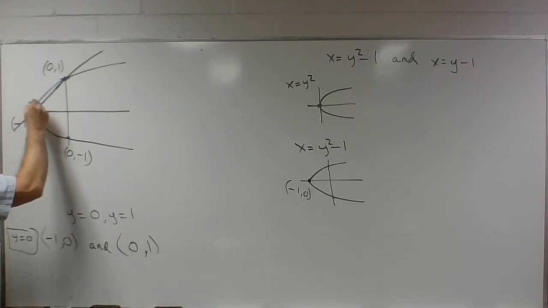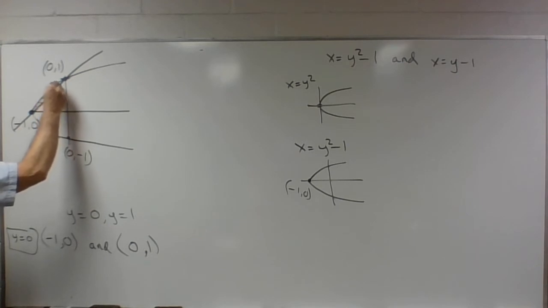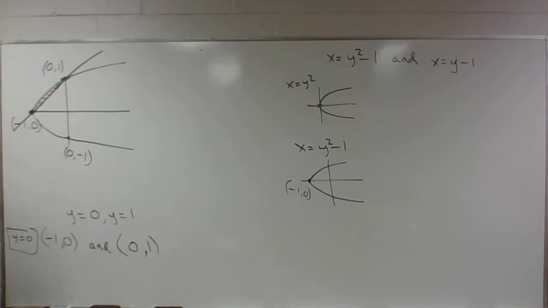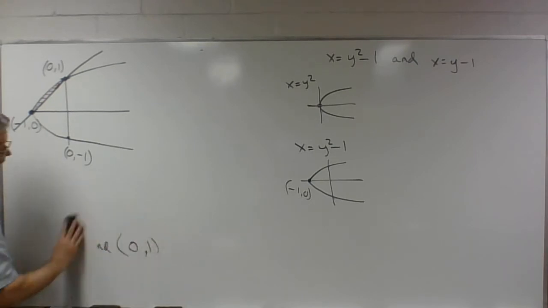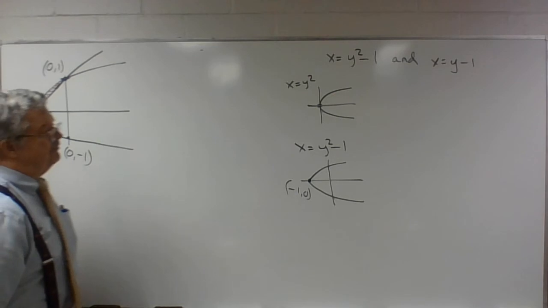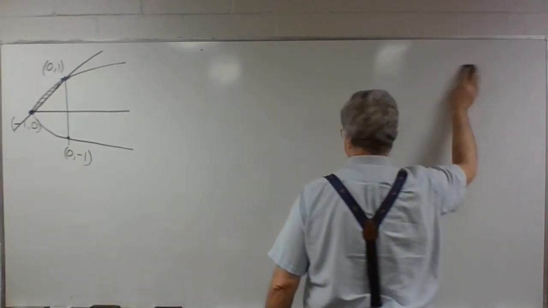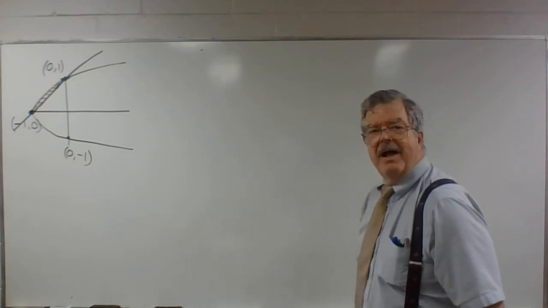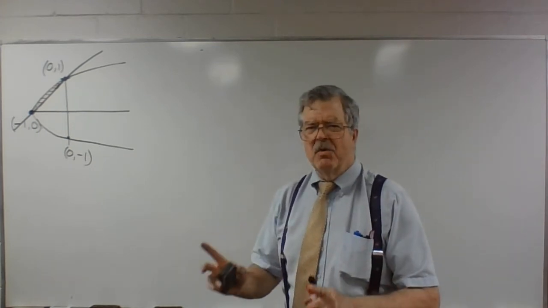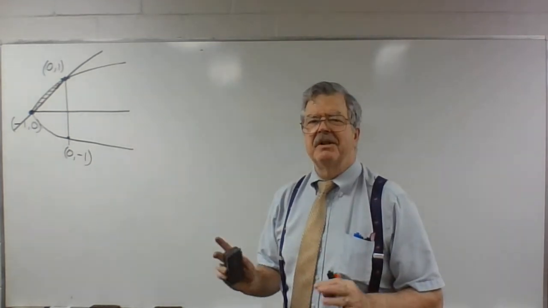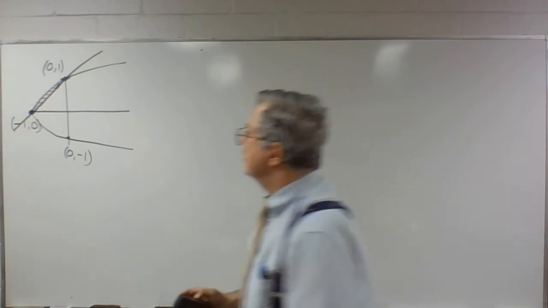Here's that bounded region right here. And now that I know what this graph looks like, I'm going to draw it one more time just so I can get a really good picture to work with.